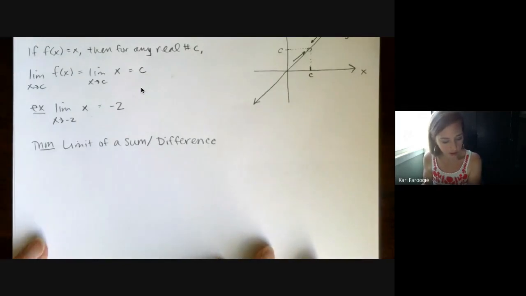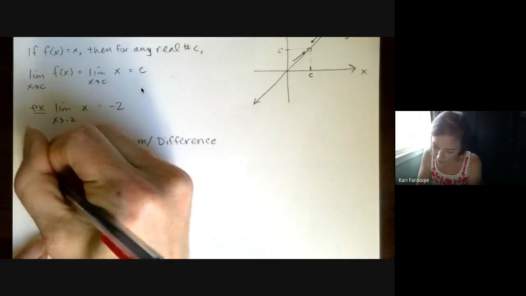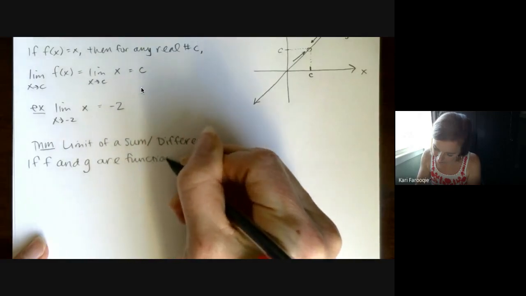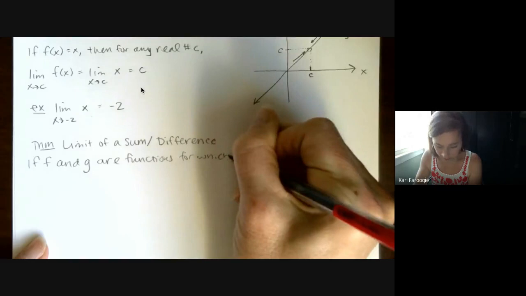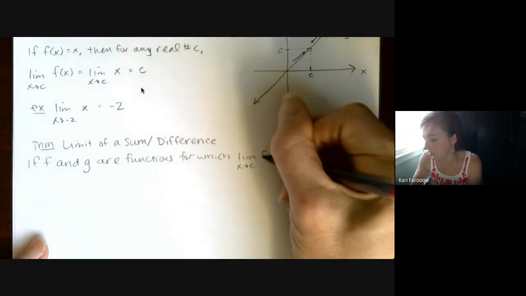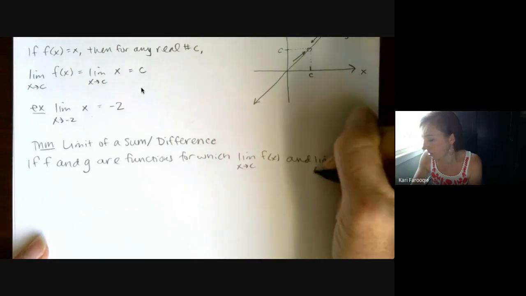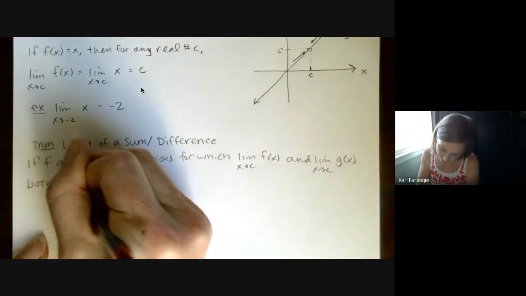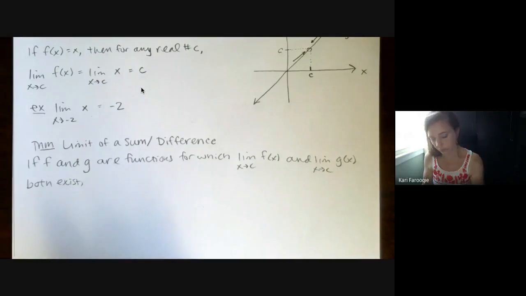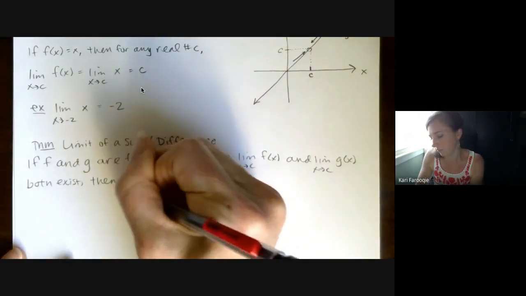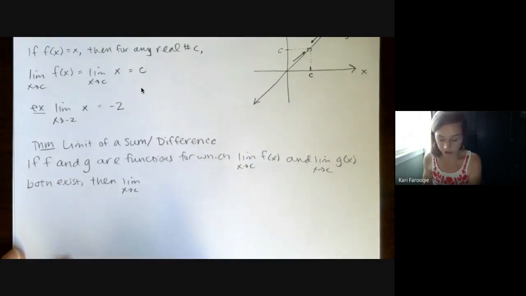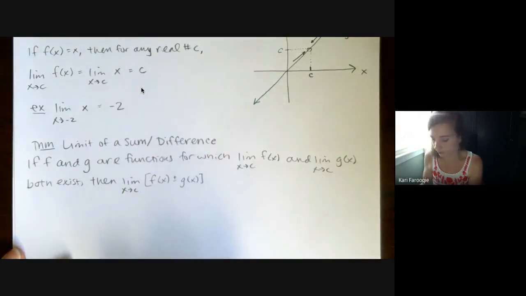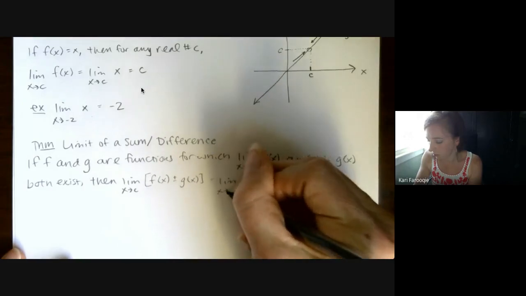If f and g are functions for which the limits both exist, so the limit as x approaches c of f of x, and the limit as x approaches c of g of x both exist, then the limit as x approaches c of f of x plus or minus g of x is just going to be equal to the sum or difference of their limits.